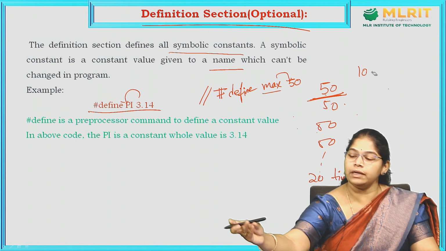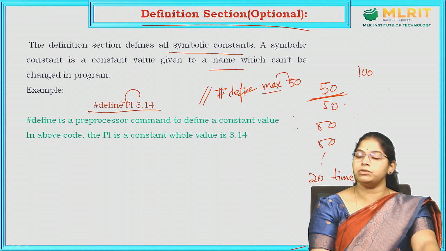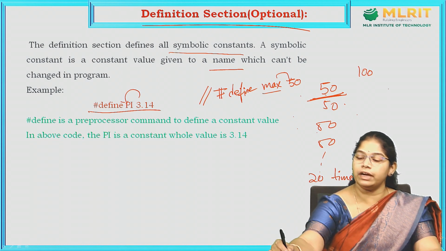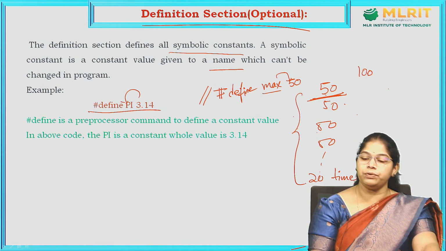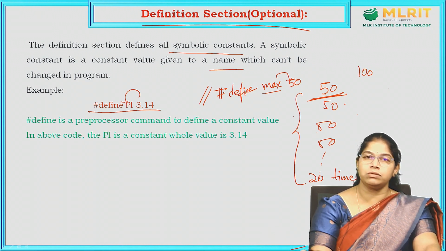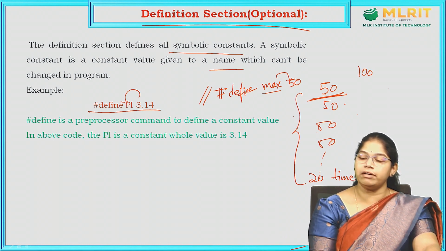So how many times do I have to change the value? Here we have to change the value 20 times. I don't want to change the value 20 times. I'll change it only one time so that it affects the value throughout the entire program.